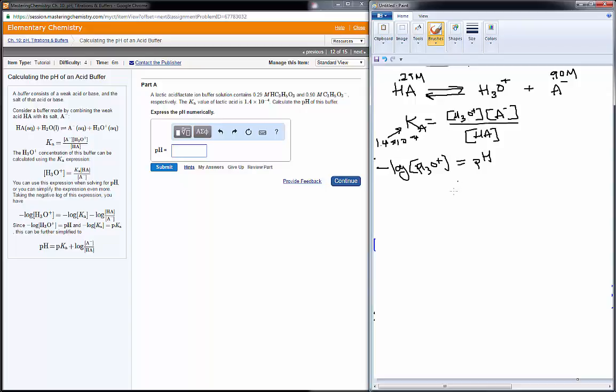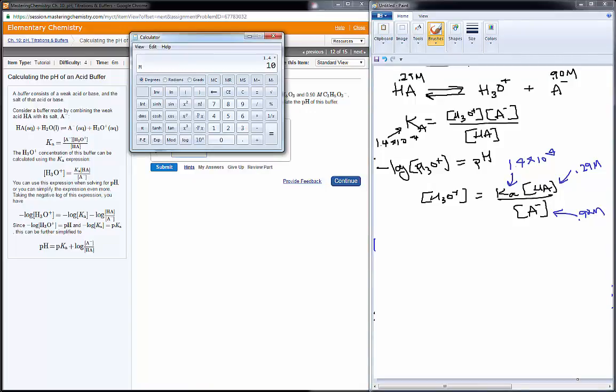So if I rearrange for H3O plus here, I'm just going to multiply both sides by HA, divide both sides by A minus, and plug in these values. So I'm going to plug in 1.4 times 10 to the negative fourth, and 0.29 molar, and 0.90 molar.